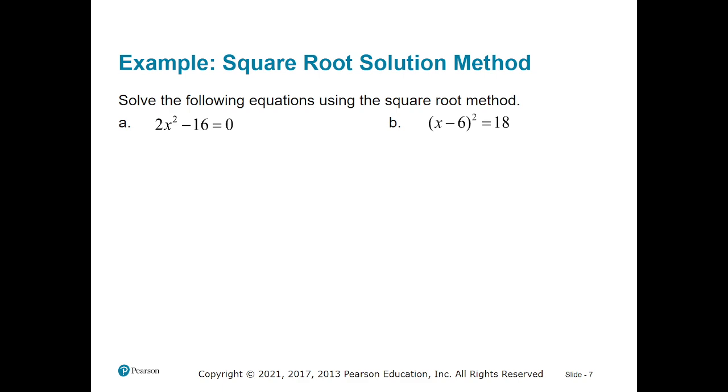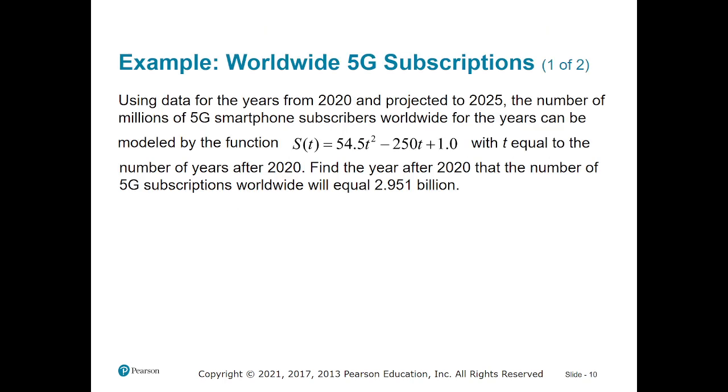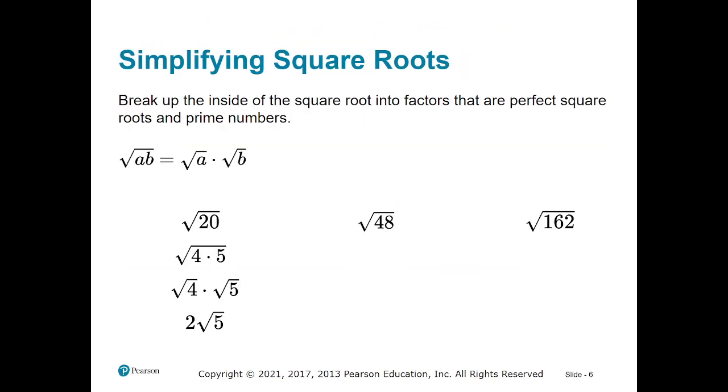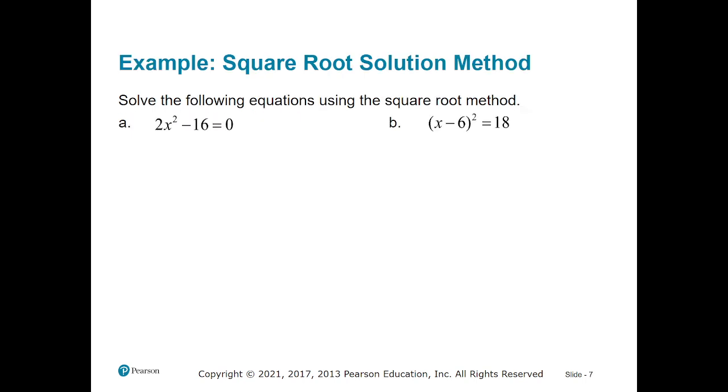So if we take a look at A, it says 2x squared minus 16 is equal to 0. We want to be able to use our, oops, I hit a wrong button there. I accidentally jumped forward a bunch. Okay, so we want to be able to solve these equations using our square root method.